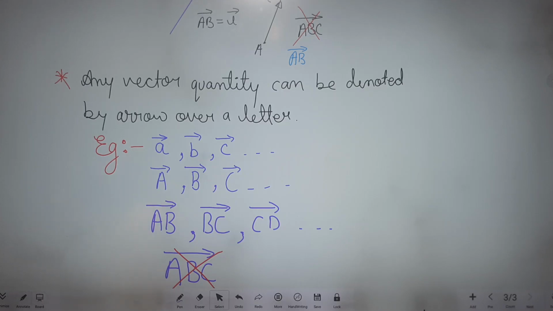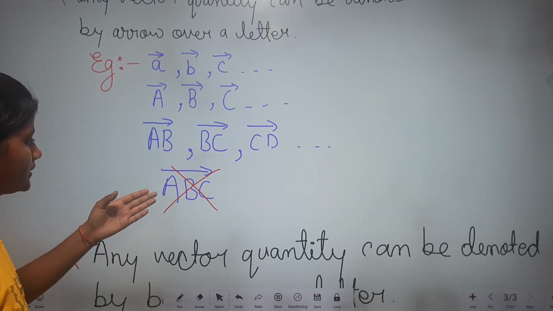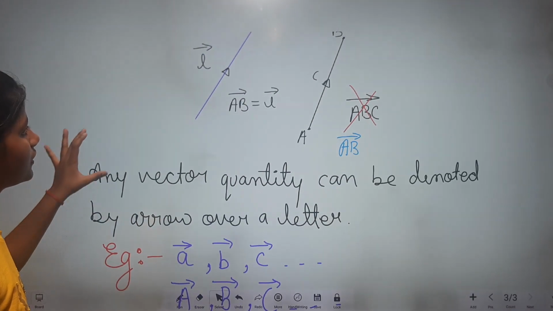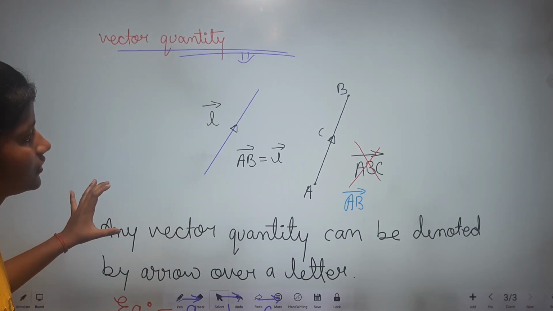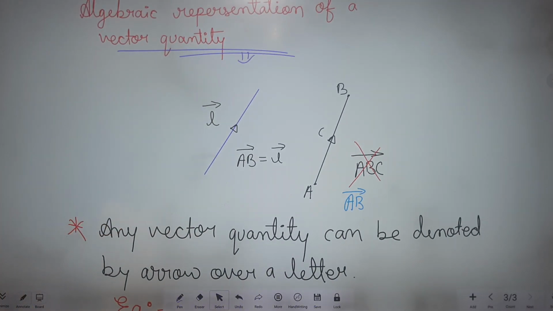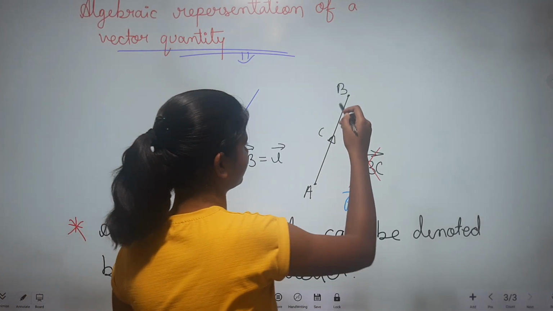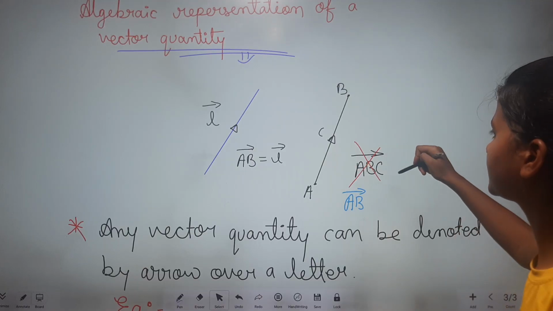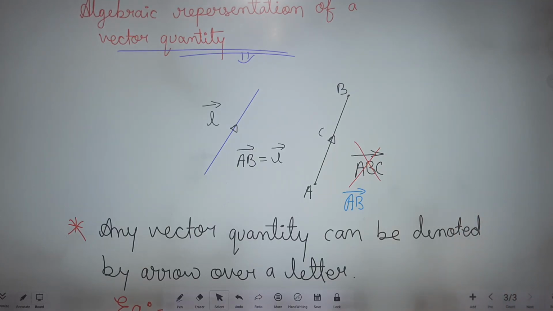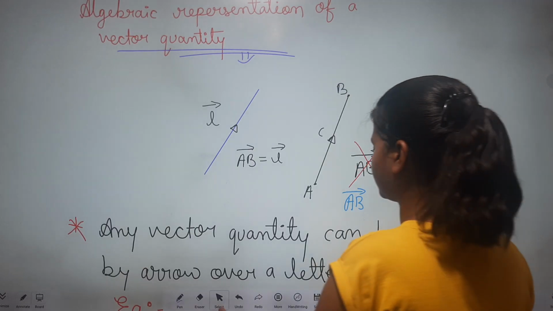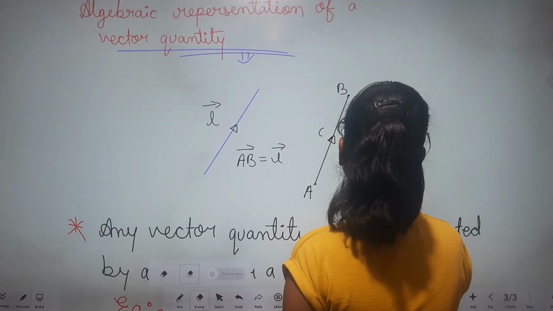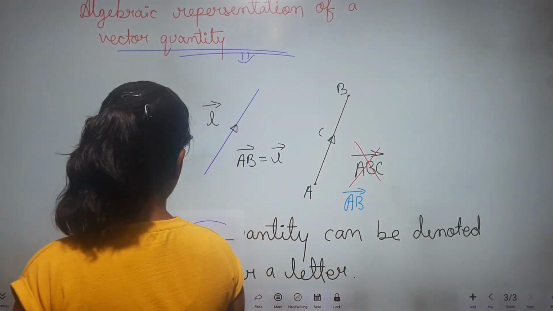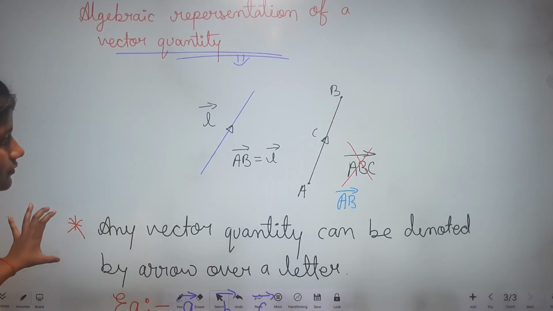Okay. But we cannot write like this. Why? Because a line is denoted by only two letters. Okay. Suppose that this one is our line, but we cannot say that ABC is a line. Okay. We can just say AB is a line. Okay. AB is a line.